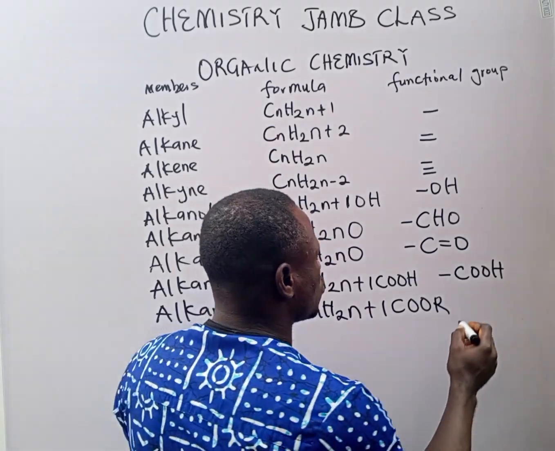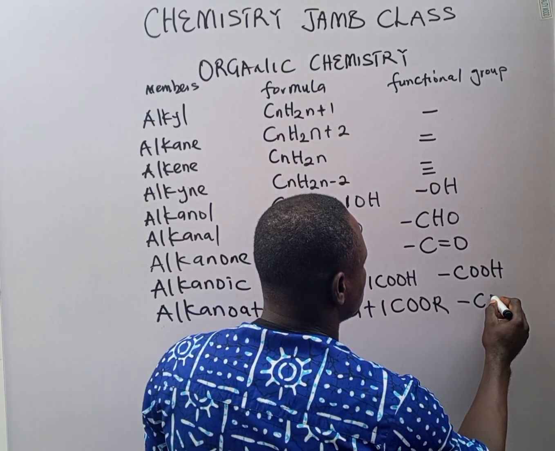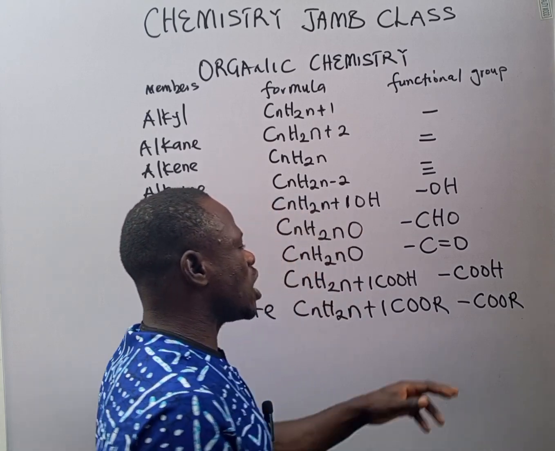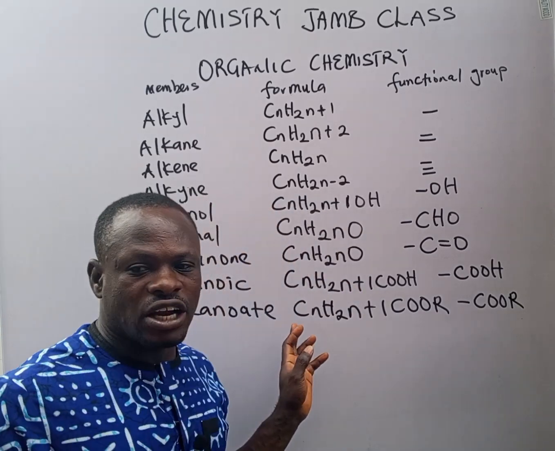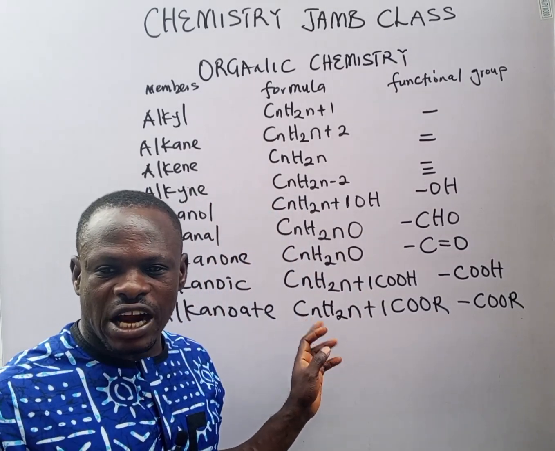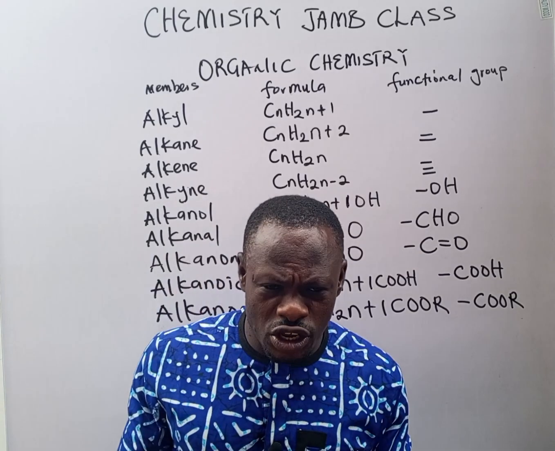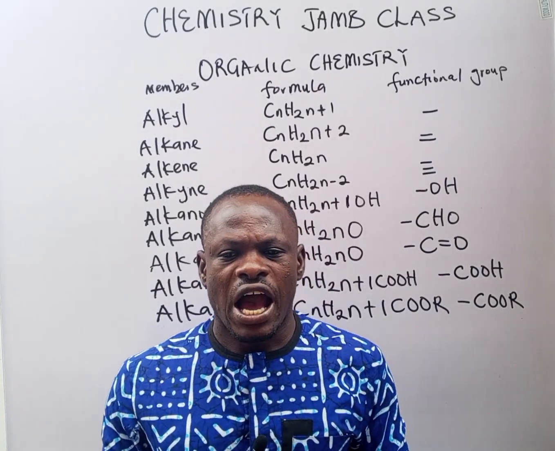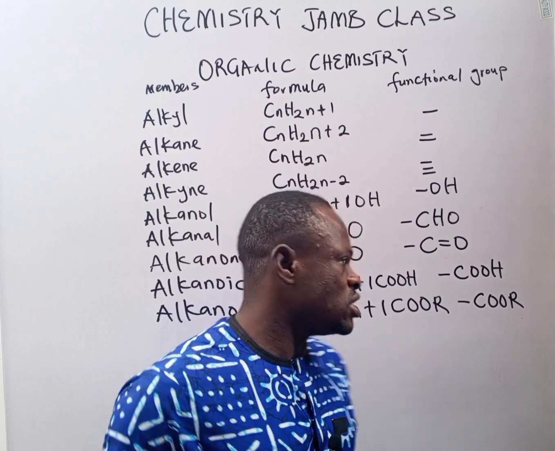The functional group is COOR. This is the functional group of alkanoate. We now look at the next one that most people are not aware of, and that one is alkoxyalkane.